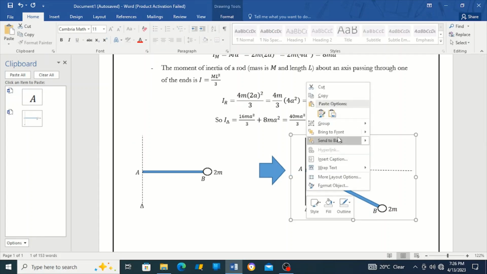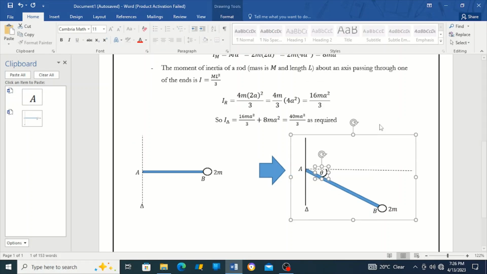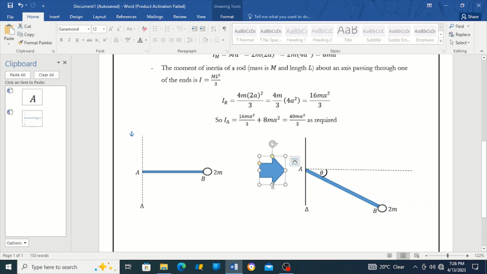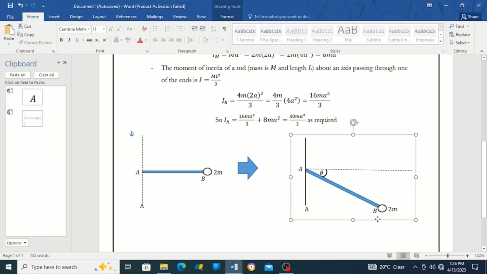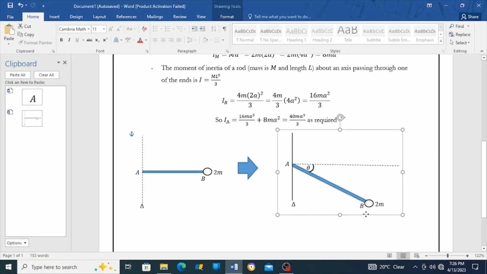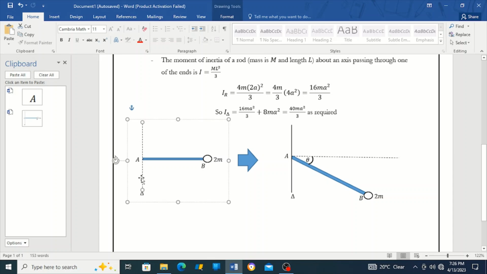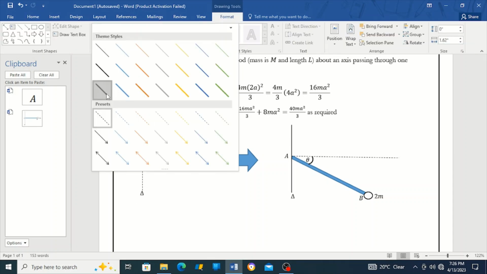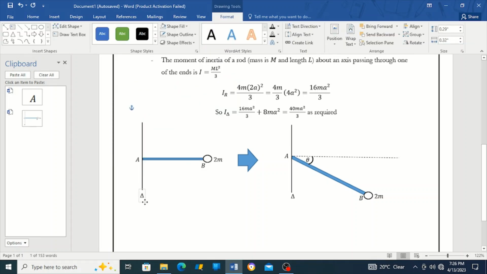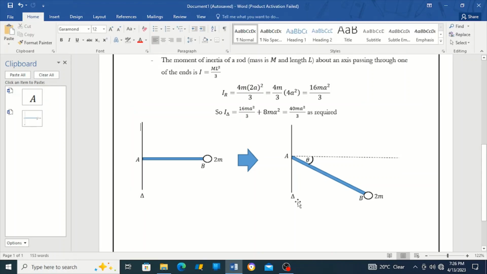Now after drawing the diagram, the next thing to do is to apply the principle of conservation of mechanical energy, which says that mechanical energy is always conserved. In other words, the initial mechanical energy of a system is equal to the final mechanical energy, and mechanical energy is simply the sum of the kinetic and the potential energy of the system. So that's what we are going to apply.